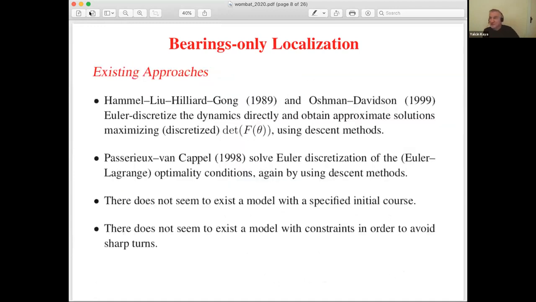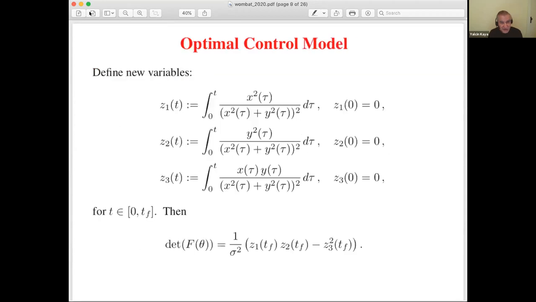So owing to these deficiencies, let's say, in these modeling efforts, I would like to go ahead with writing down an optimal control model for this very widely studied example. We define here new variables.